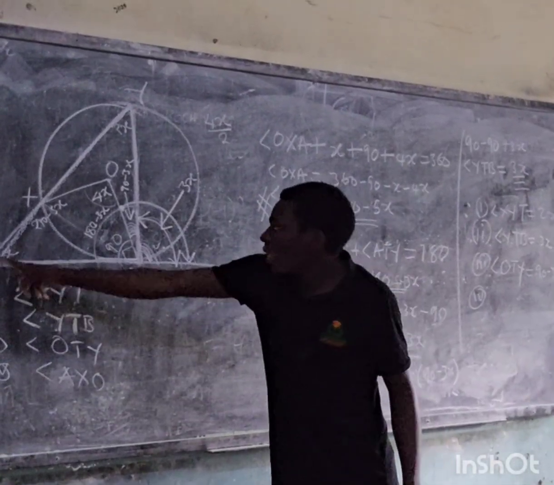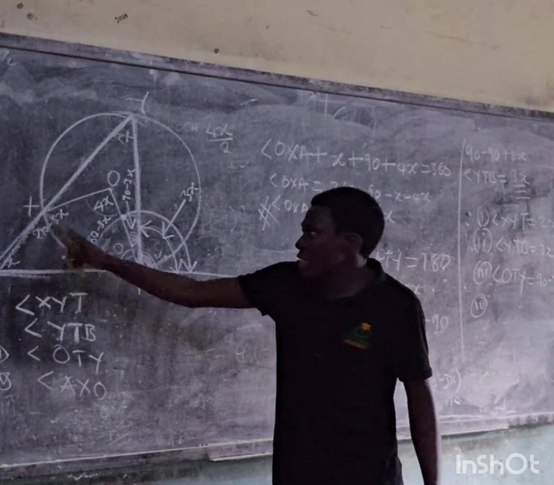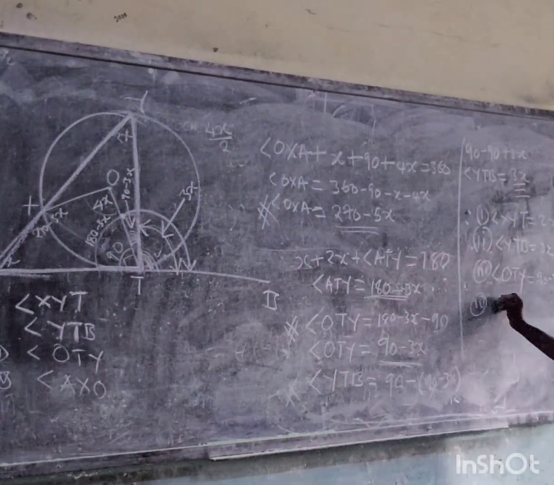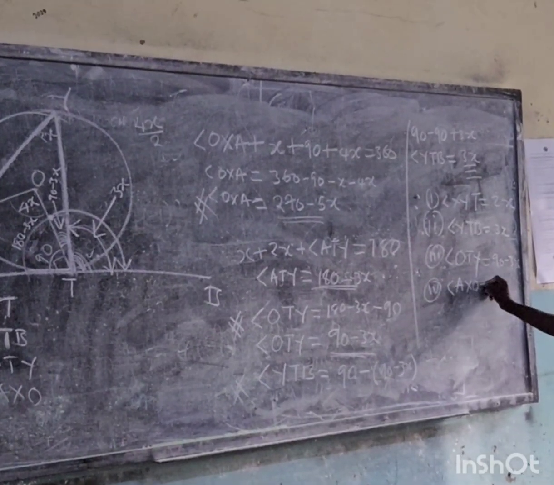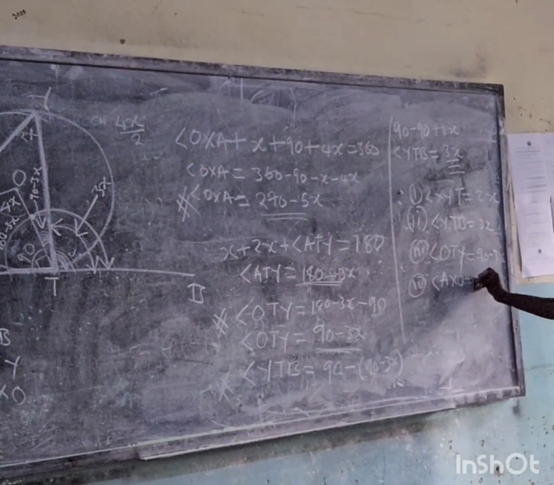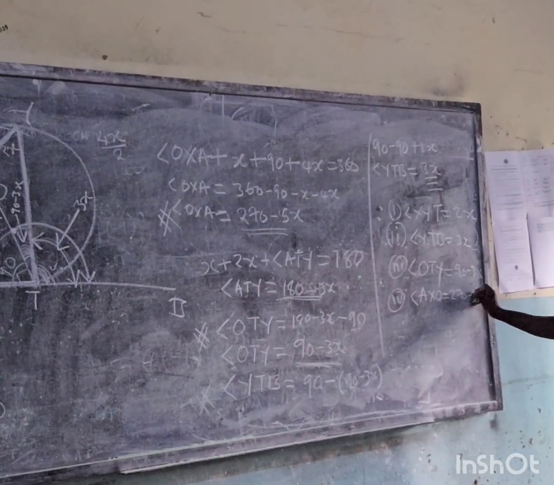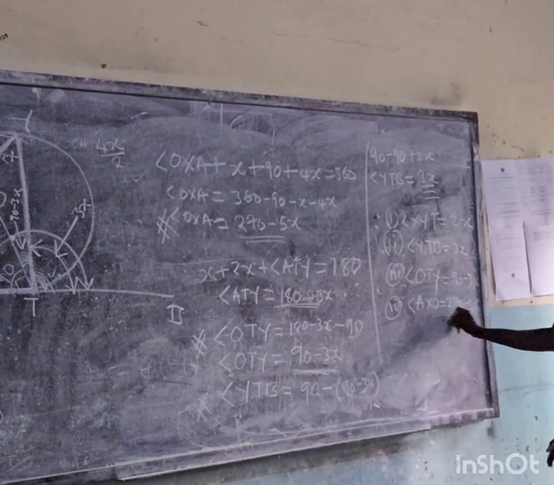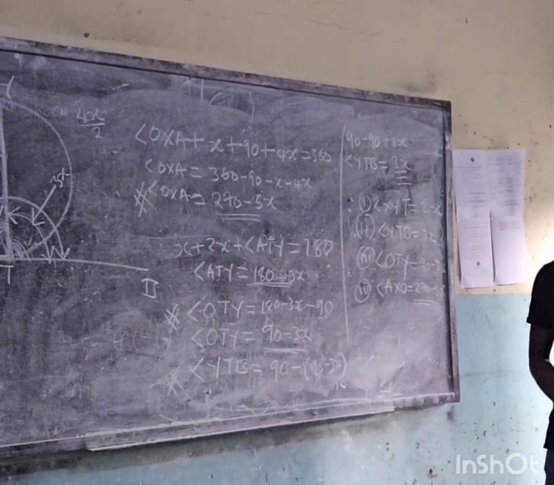Where is A? A here. XO, which is this angle there. We go to 270 minus 5x. So you write angle AXO is equal to 270 minus 5x. So like that, meaning that you've answered the angles in that circle.